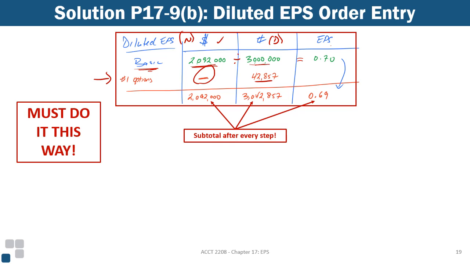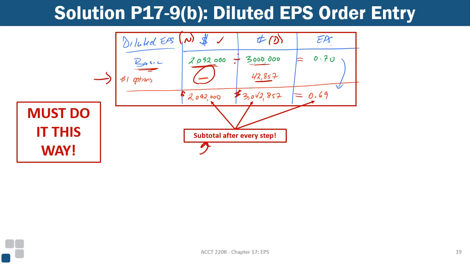Now, here's the step and why you have to do it this way: after every item, you must calculate a subtotal. So $2,092,000 plus no earnings impact still gives us $2,092,000. The number of shares is now 3,042,857, which equals 69 cents.